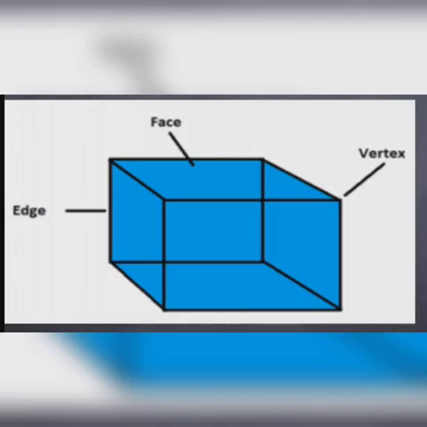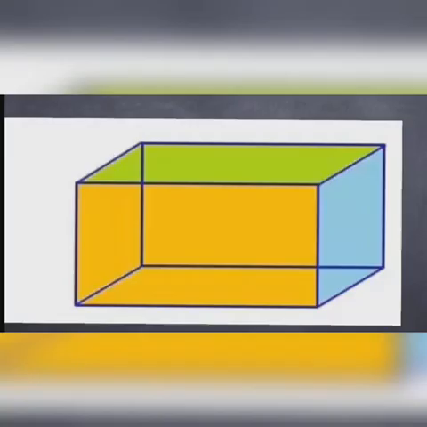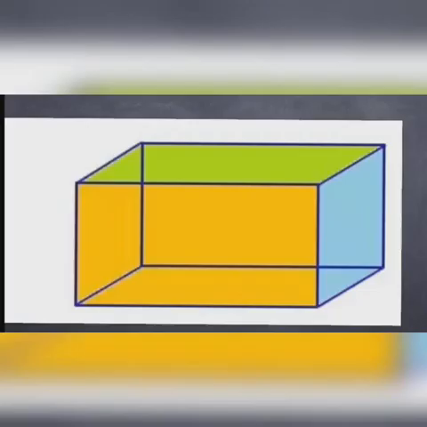Now we see another shape. This is a cuboid. This is a picture of a cuboid. It is a 3D shape. 3D shapes mean they contain length, breadth and also have a height. It has 6 faces. Faces mean these are the faces of cuboid.